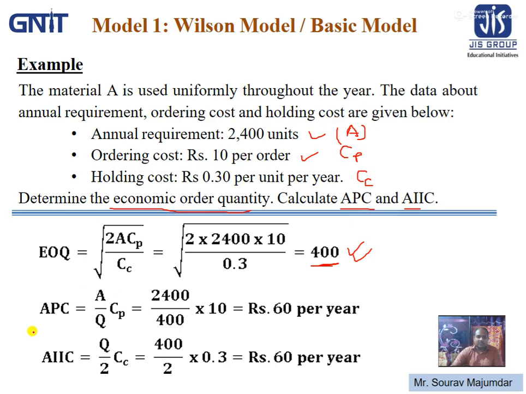Then APC, that is annual procurement cost, which you know is A by Q into Cp. So put all these values and you will get 60 per year, and annual holding cost AHC is Q by 2 into Cc or carrying cost, that will be 60 per year.